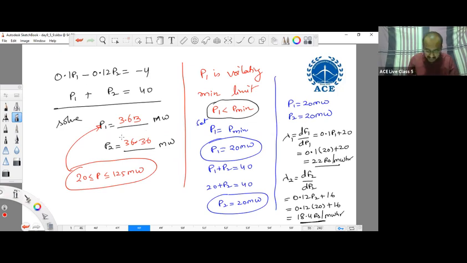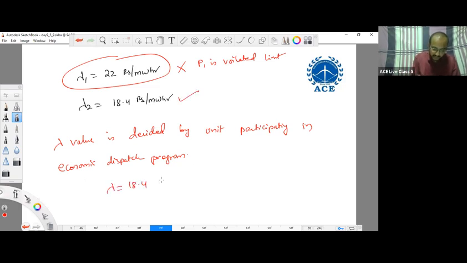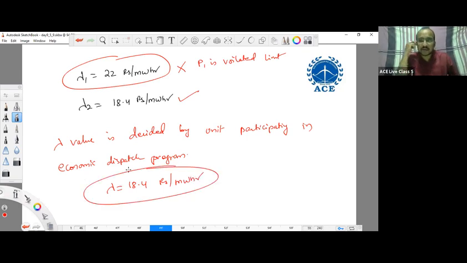P1 is violating the limit, so you should not select lambda 1. So lambda value is 18.4 rupees per megawatt hour. Lambda value is to be decided by the unit which is participating in economic dispatch program.